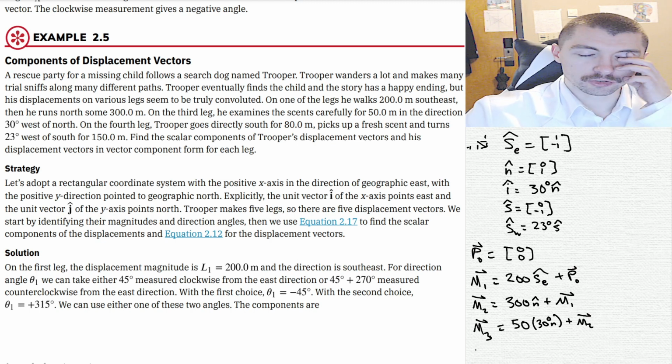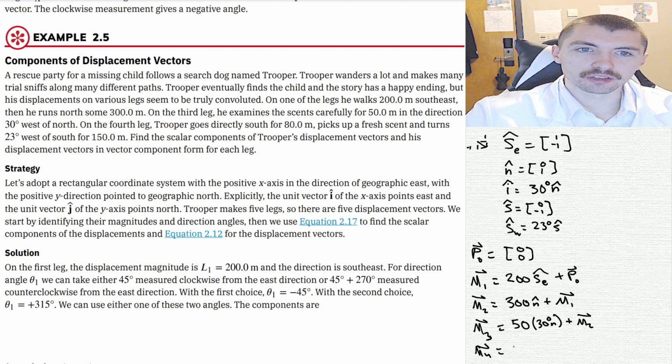And then M4 is 80 meters times the next direction.